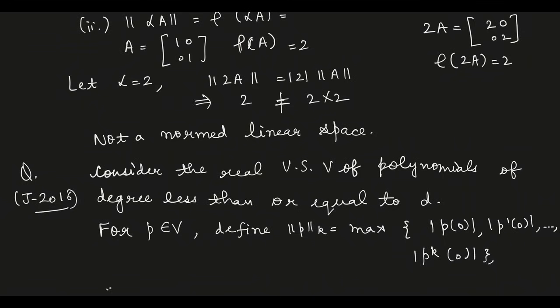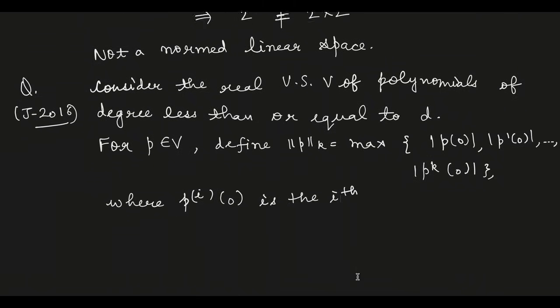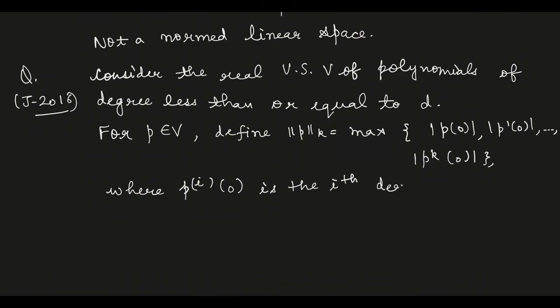where P i of 0 is the ith derivative of P evaluated at 0.